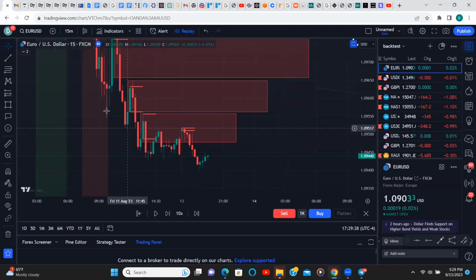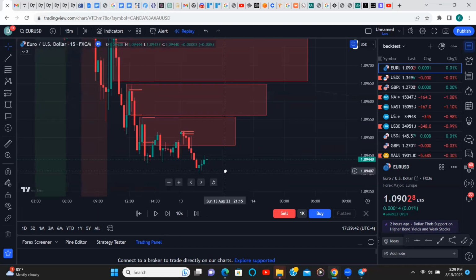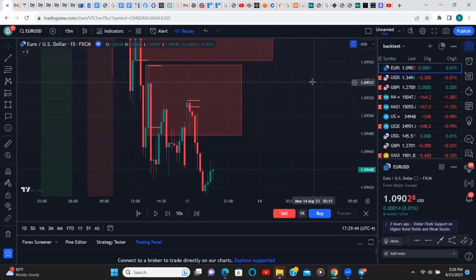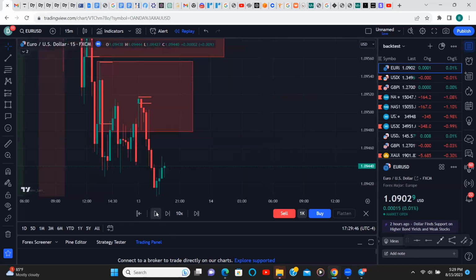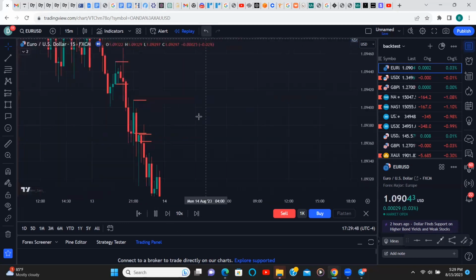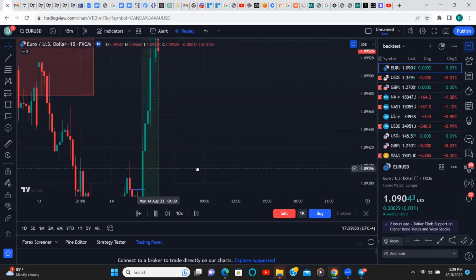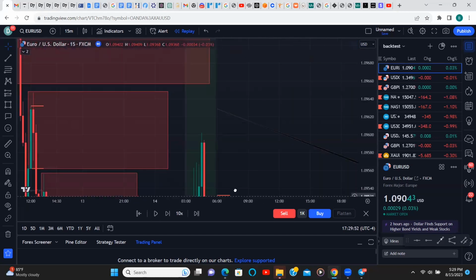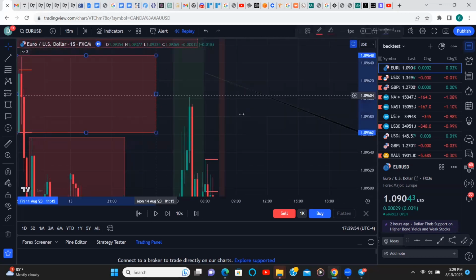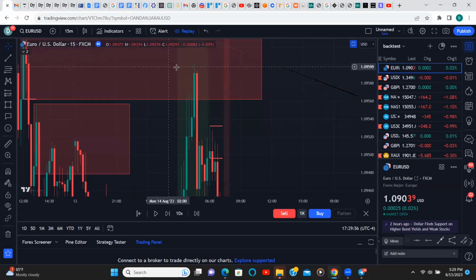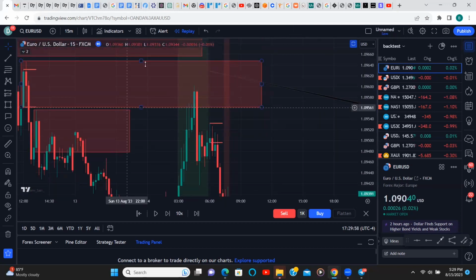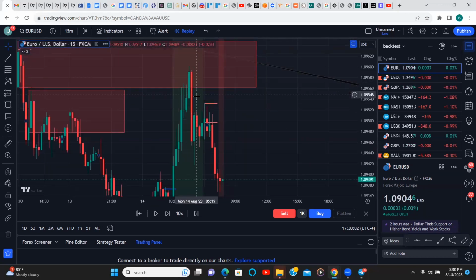So as we see right here, we have our beautiful examples, and I just want to show you how price reacts just off of these zones real quick. So I'm going to press the play button right here. And as we see, price tapped into this beautiful supply zone. And what did price do as it tapped into this supply zone? It decided to start selling.